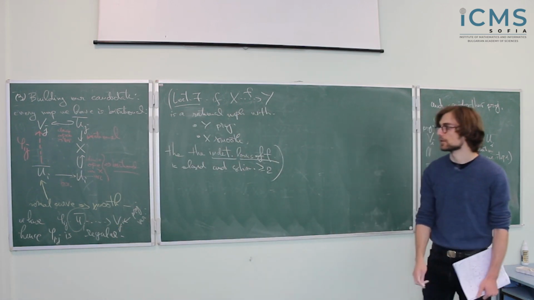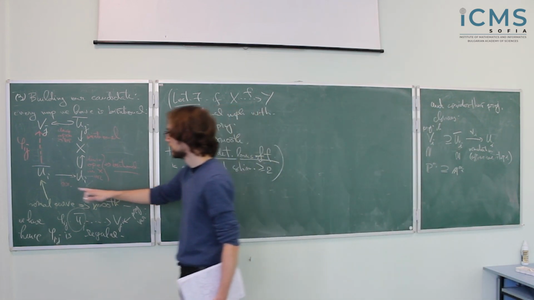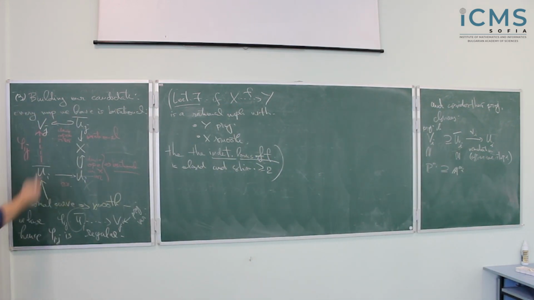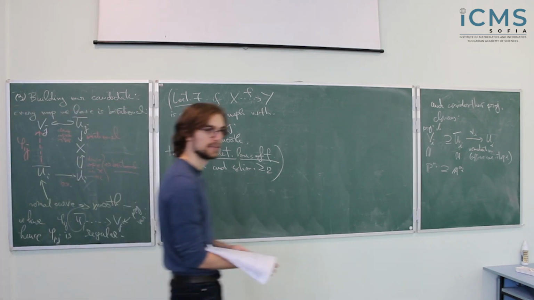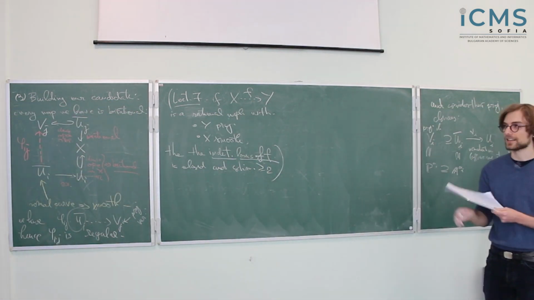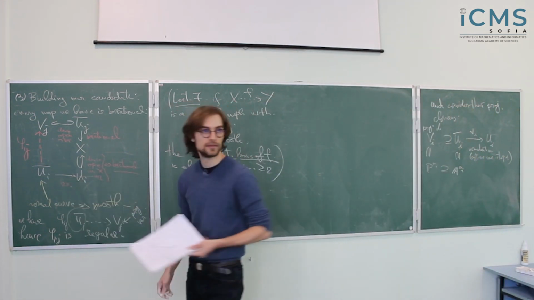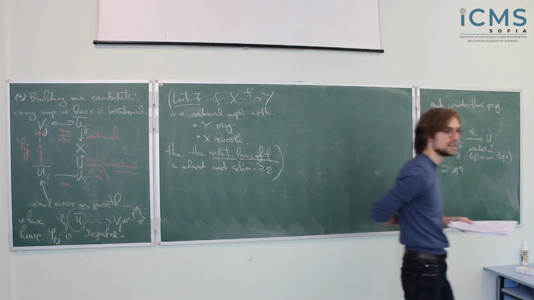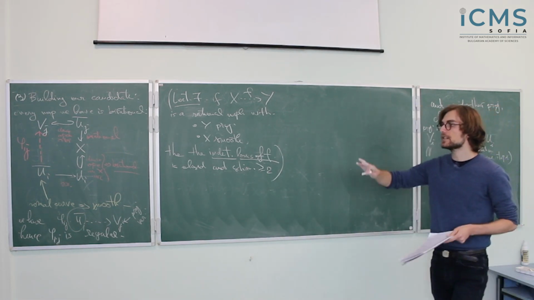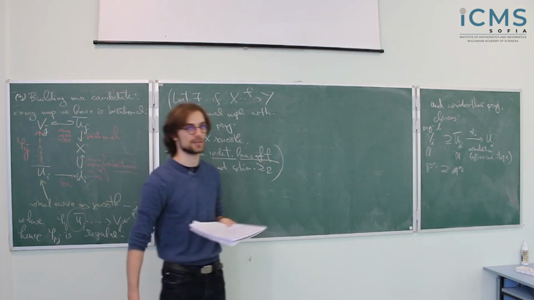So this was really a bit of a surprise, because a priori this is a map defined on the intersection of UI with Vj. Exactly, it's supposed to be defined only on the intersection. Everything here is irreducible, so any two non-empty opens will have a non-empty intersection.